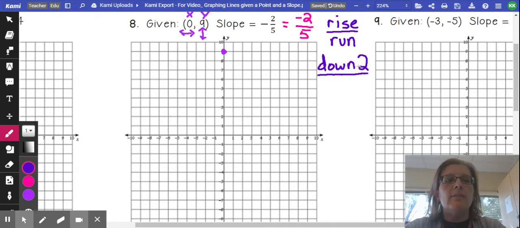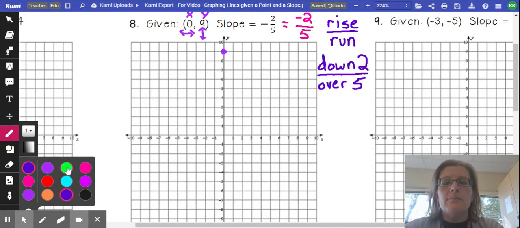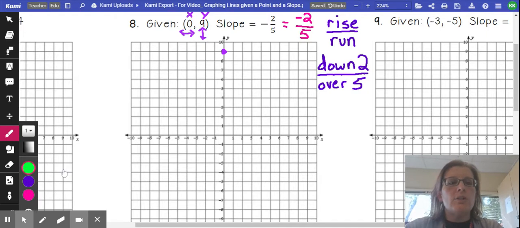So what this slope means is I'm going down 2, and a run of 5 means over 5. So my line goes down 2 every time it goes over 5. Now that I know the directions for the slope and I have my point, I'm ready to graph.